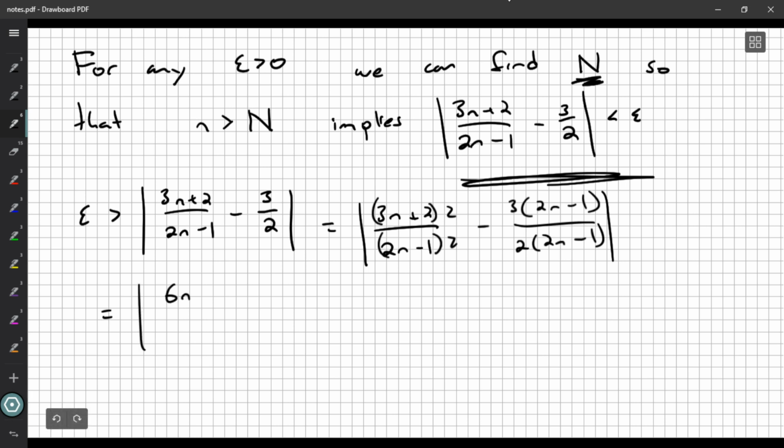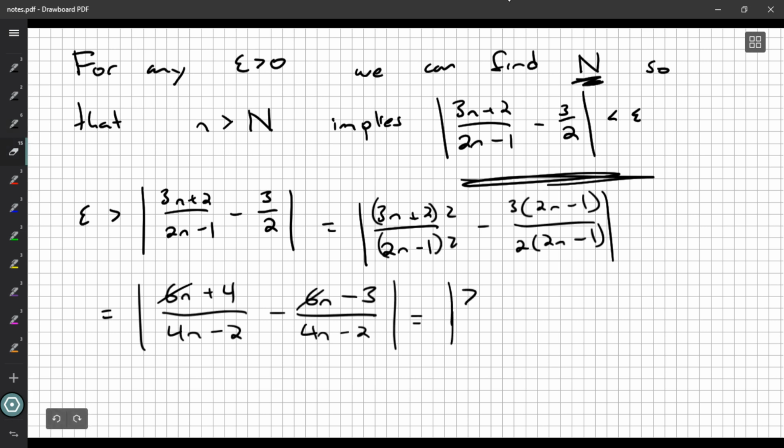So we'll get (6n + 4)/(4n - 2) minus (6n - 3)/(4n - 2). The 6n's will cancel out. 4 minus negative 3 is 7, over 4n - 2.